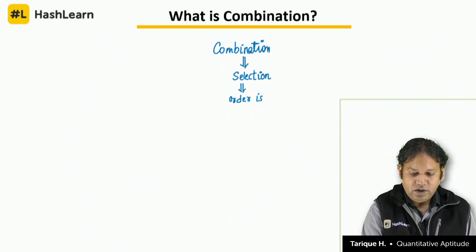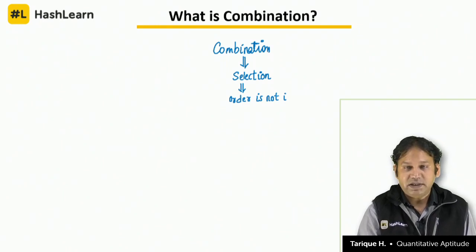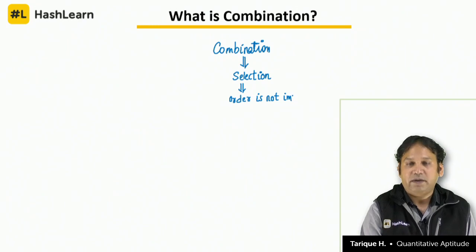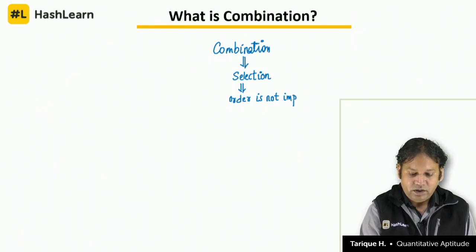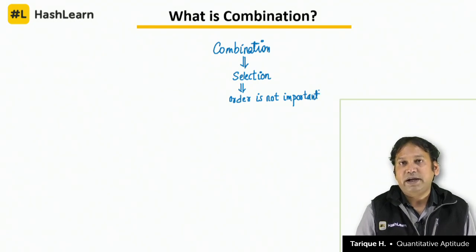If you see in permutation, we have discussed that permutation deals with arrangement, and in permutation order is important, like questions on letters and words, questions on numbers. When we change the order of the letters, the word changes, the meaning changes. However, when we change the order here, we don't get a new meaning.